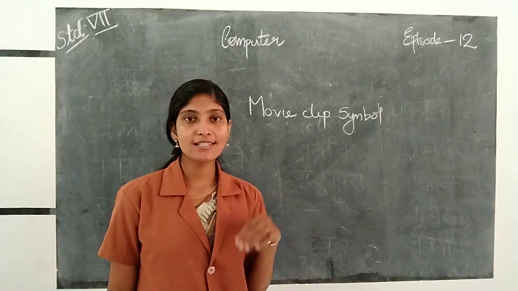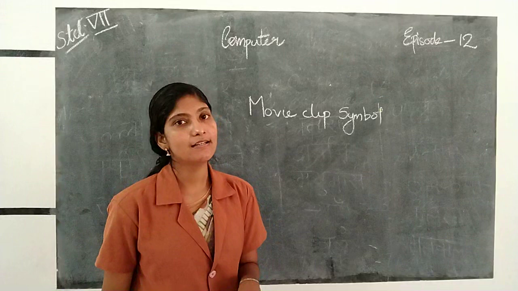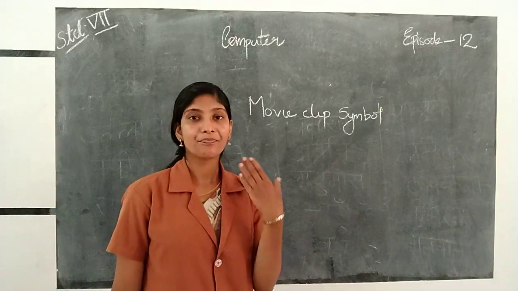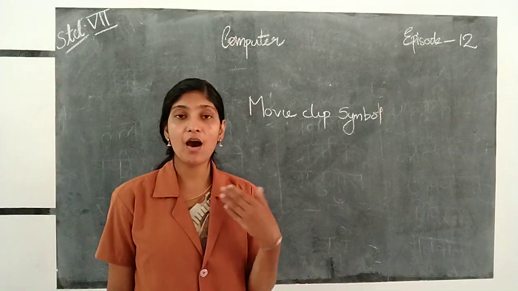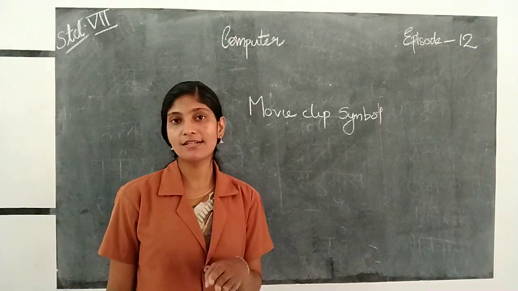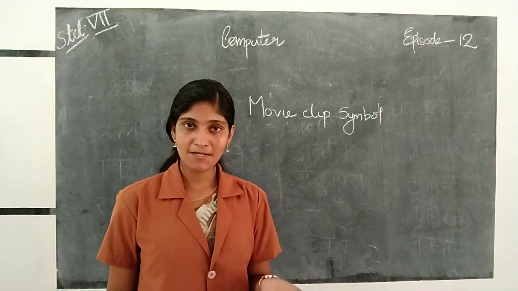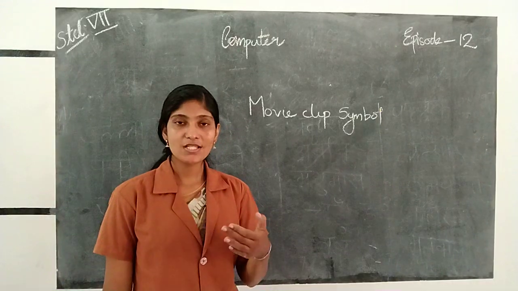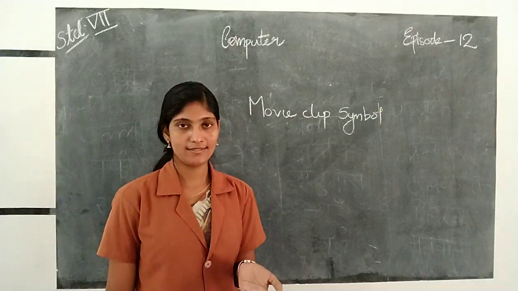In the last class we learned everything about the button symbol, how many states are in a button symbol, how to create a button symbol, and other things we learned in our previous class. So let me remind you, a button symbol is a symbol which adds interactivity to the movies, right?